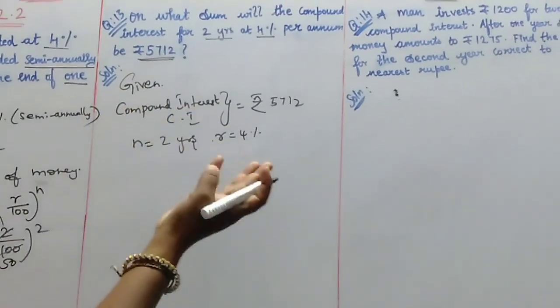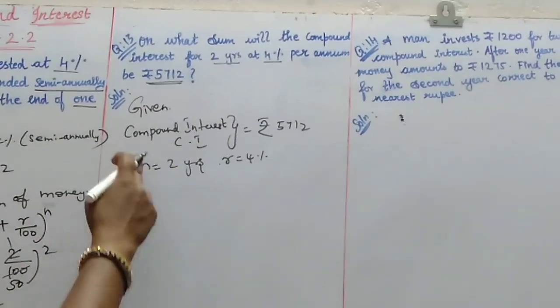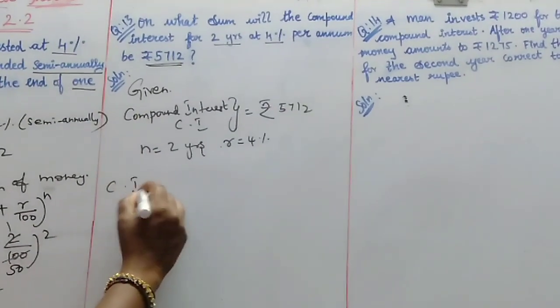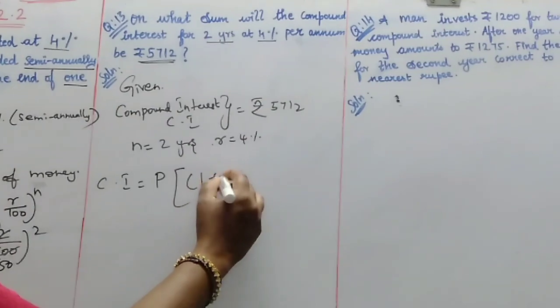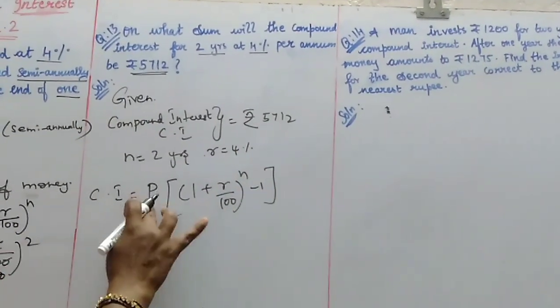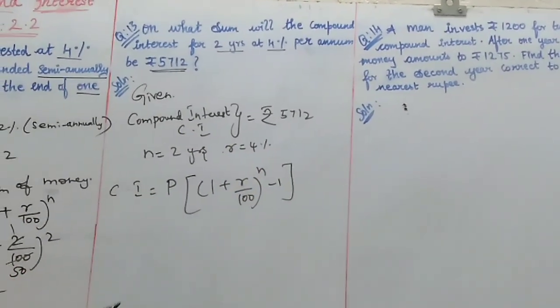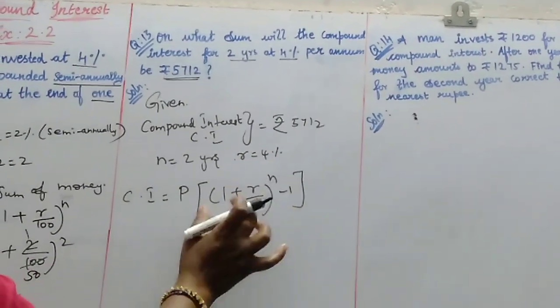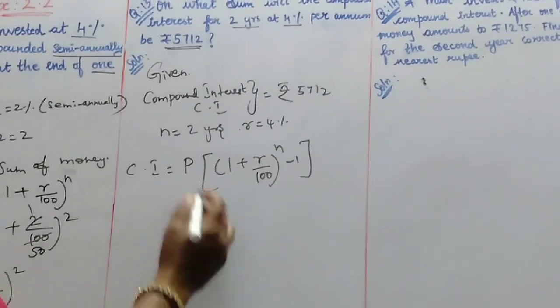Only CI is given, so we are going to use the CI formula, which is P bracket 1 plus R by 100 the whole power n minus 1. We have taken P common outside. This is amount minus principal, and amount minus principal is compound interest, we know very well. That is the formula we are using here.